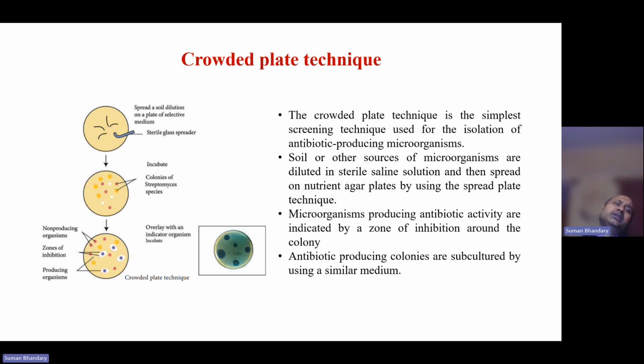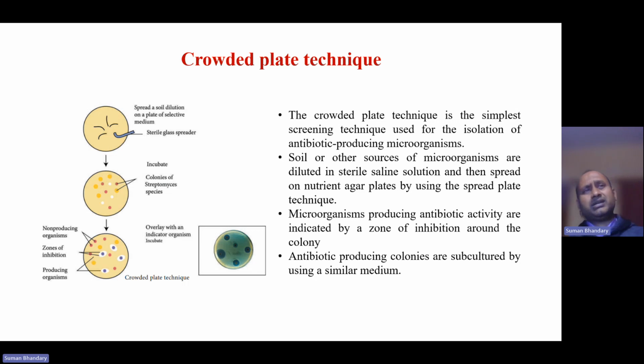Such a colony is isolated from the plate and purified either by repeated subculturing or by streaking on a plate containing a suitable culture medium. Now, this purified culture is then tested for its antibiotic spectrum with some test microorganism.